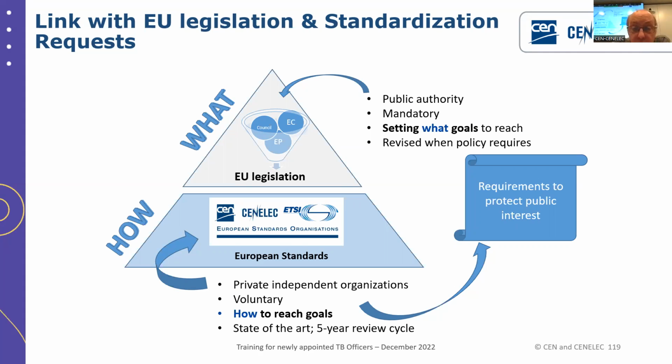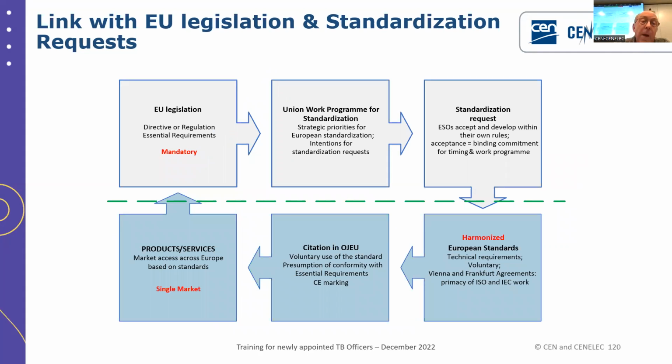And of course, like usual, the standard will be revised every 5 years. Now, what is the way for the Commission to ask us to develop harmonized standards to support a directive? This is done through what we call a standardization request, also sometimes called, as was the terminology in the past, a mandate.